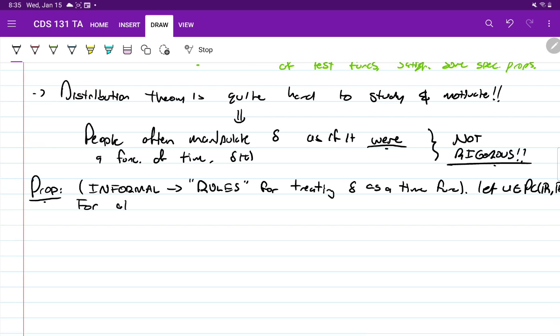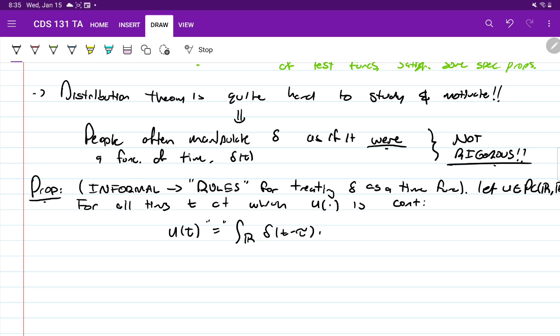Now for all times t at which this signal u is continuous, we have u of t equals, in quotes, the integral over R of delta of t minus tau, u of tau d tau.